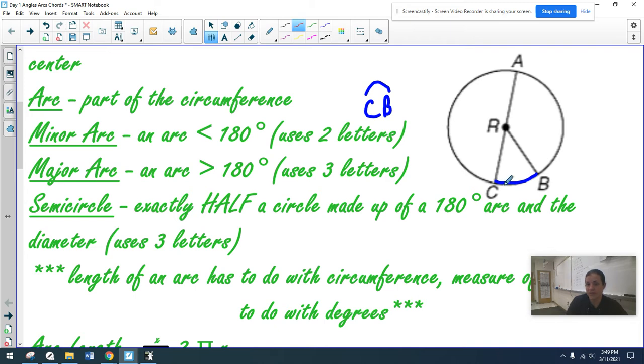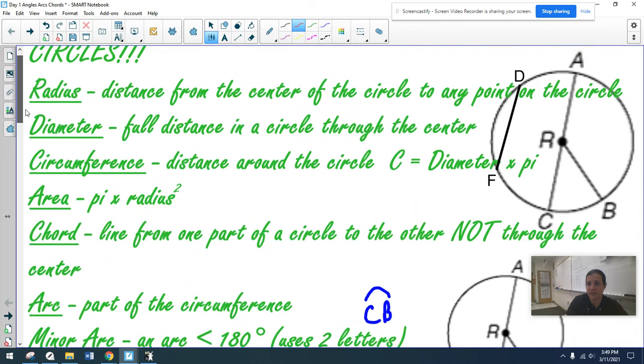So in other words, if I did a major arc, let me actually use a major arc from this one. So I could use something like CB, and go all the way up to D. So you just need to make sure that C is at the beginning and D is at the end. So it doesn't matter whether you choose A or B, but that's a major arc because it's more than half the circle.